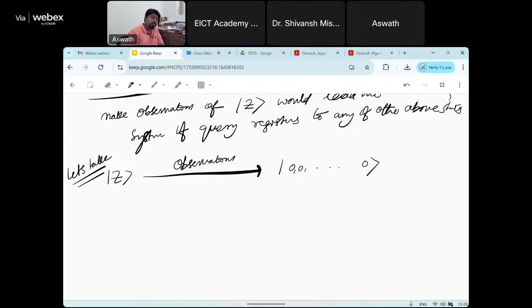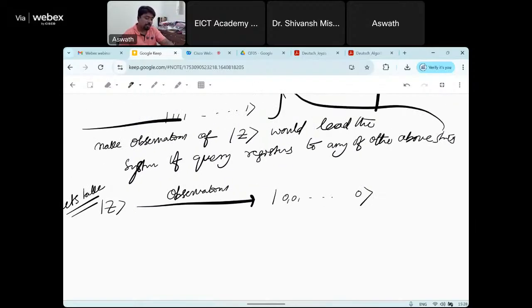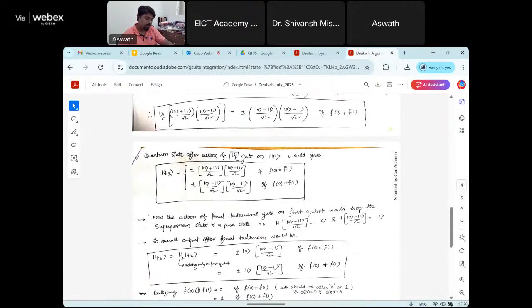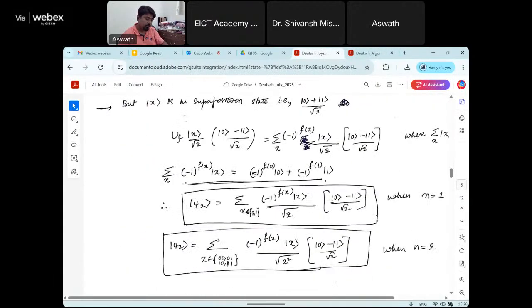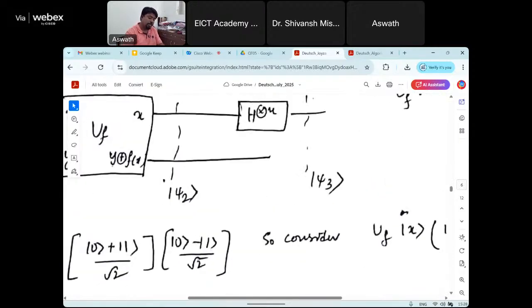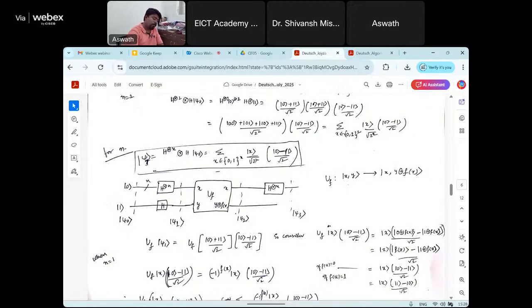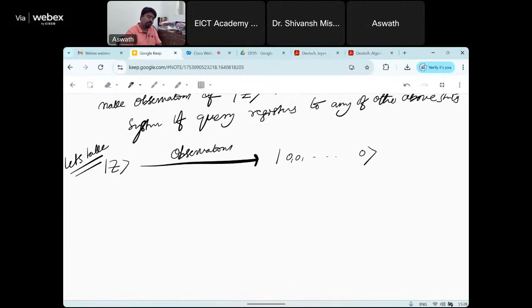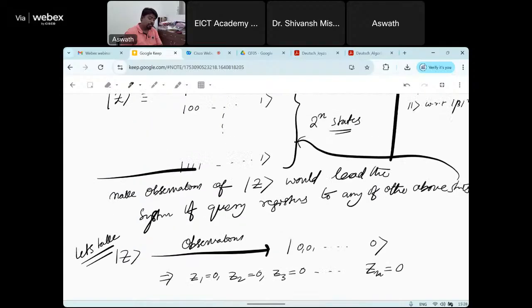If I make an observation on the query register, the top one in the circuit, let's say it falls to all zeros. Which implies Z1 is 0, Z2 is 0, Z3 is 0, and Zn is 0. All of them are becoming zeros.